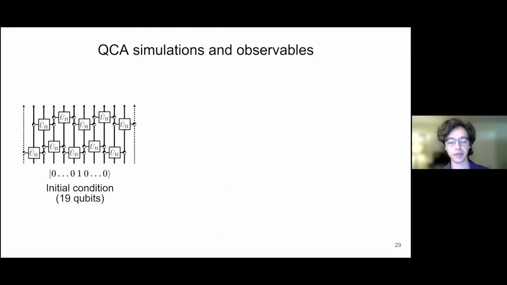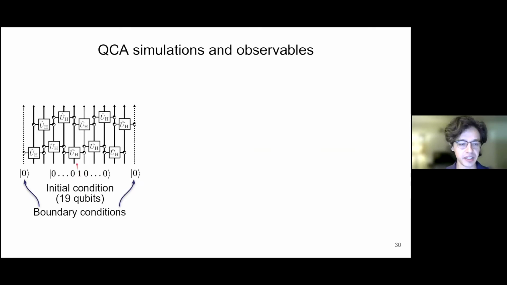And to give you a better idea of those simulations, what we do is initialize the system, and we'll consider 19 qubits. Each qubit is a 0, except for the center qubit, which we initialize to a 1, for analogy to those ECA simulations I showed earlier. We set the boundary qubits to be zeros, so fixed boundaries.